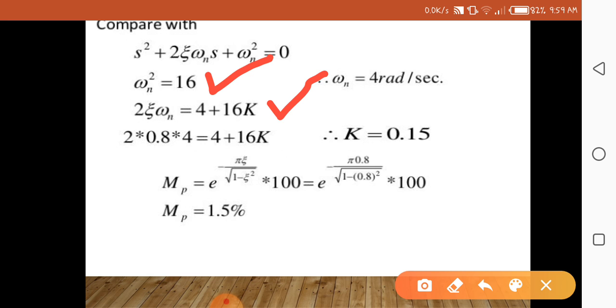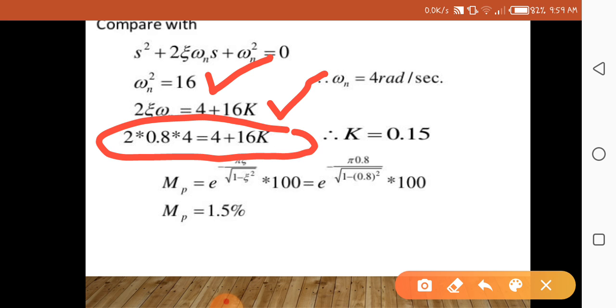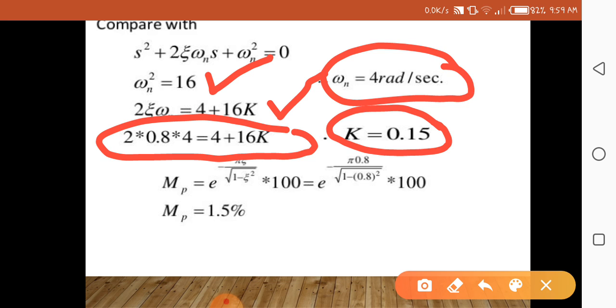We obtain k equal to 0.15 and omega n equal to 4 radian per second. For the maximum overshoot, put the value of zeta in the equation. So the maximum overshoot is obtained as 1.5%.